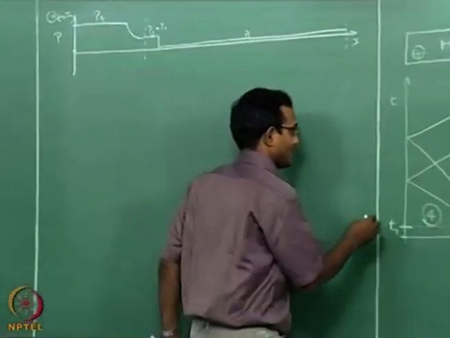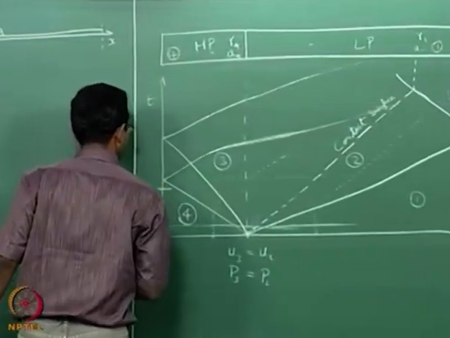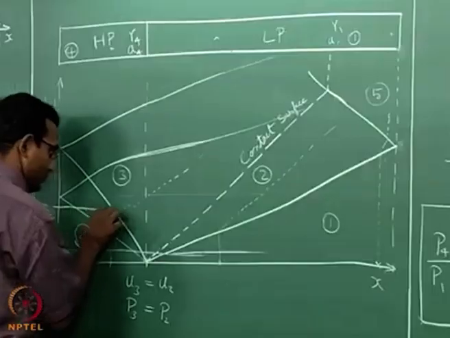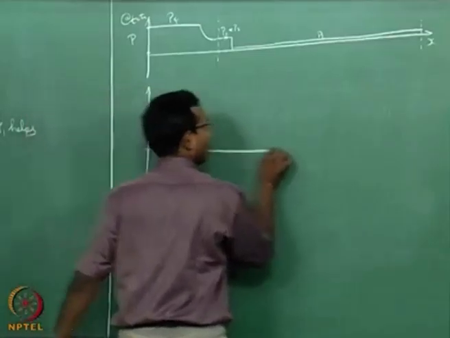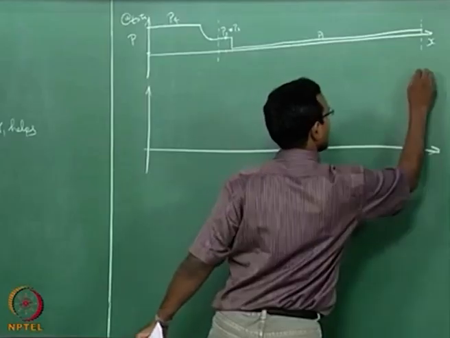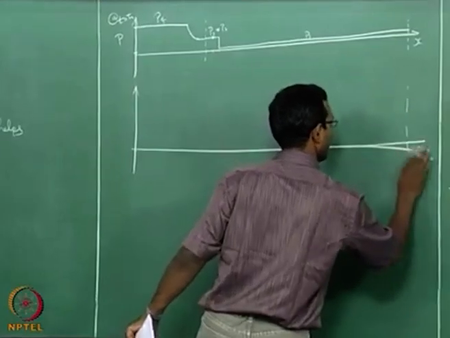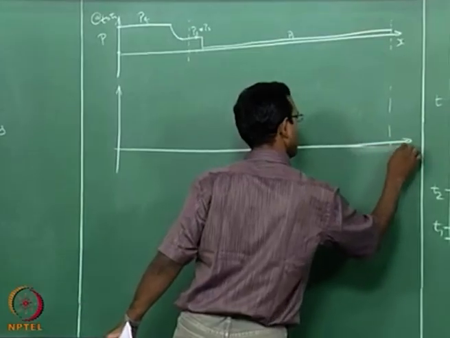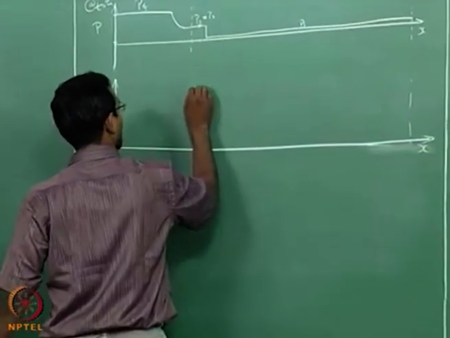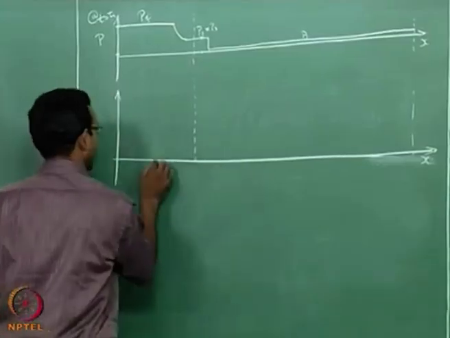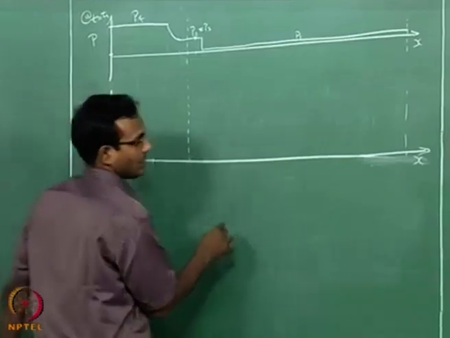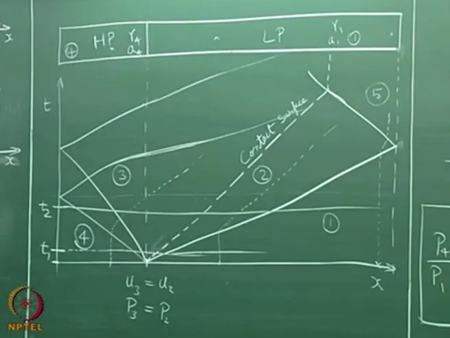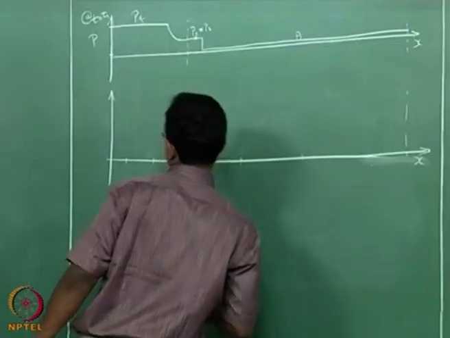Let us say I will do another time somewhere here, t2. If I think about that, now I will tell my expansion reached a lot of distance, contact surface went somewhat this much, shock went somewhere here. Those are my points.